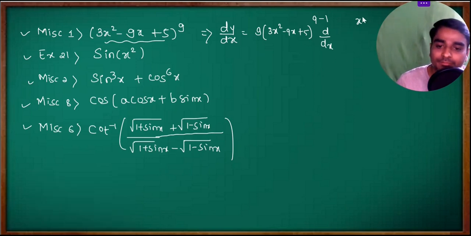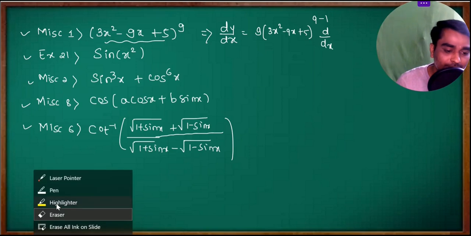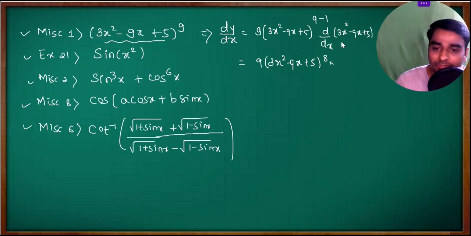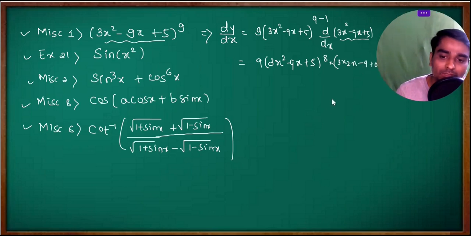So what is that now? Let's write it. Next, the d by dx part: d by dx of 3x square minus 9x plus 5. This one. Chain rule, correct? Then let's get the answer for this. 9 into 3x square minus 9x plus 5 to the power 8 into, what is the differentiation of these three separately if you do? 3 into 2x minus 9 plus 0, correct?